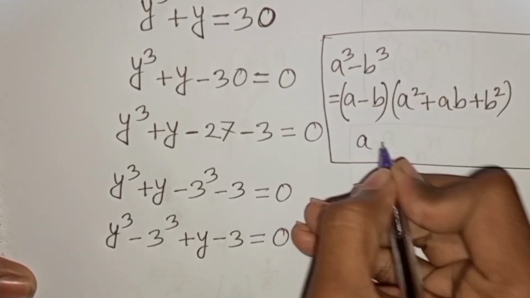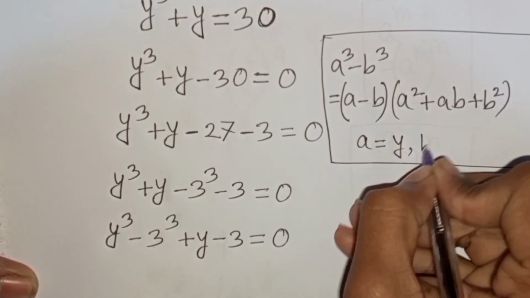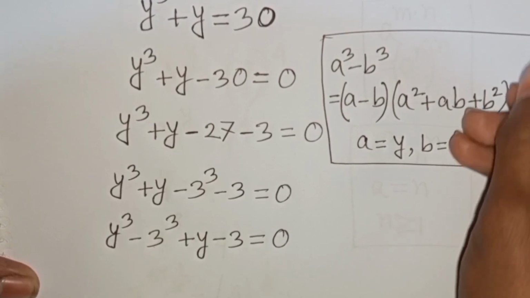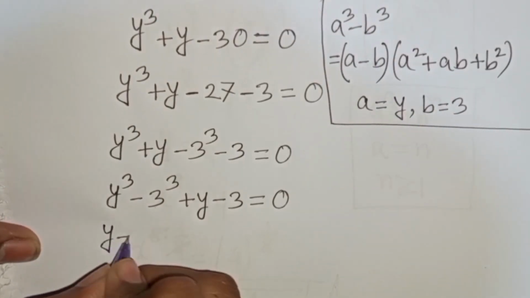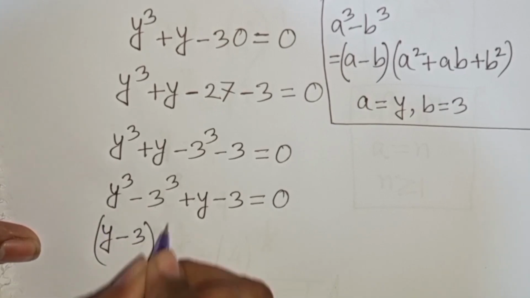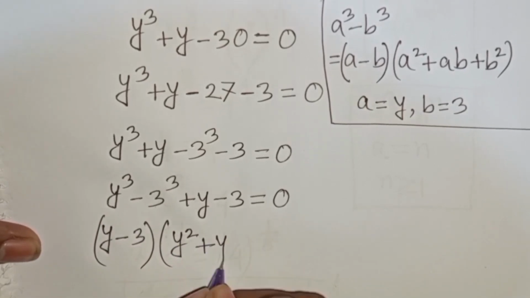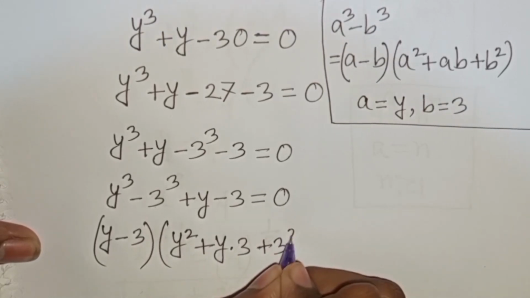Here a will be equal to y, then b will be equal to 3. So according to this formula I can write here y minus 3 times y square plus y times 3 plus 3 square.